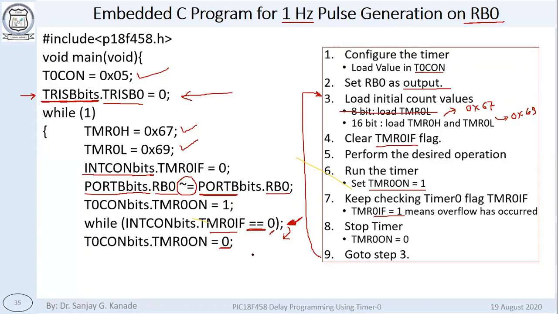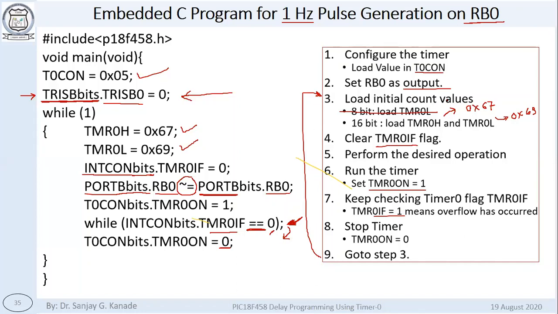Now the next step is we have to go back to step 3, meaning we go to the beginning of the while loop. That's it. So our while loop has now ended, right? What remains now? We just have to complete the main function. That's it, and this is how our program is now complete.